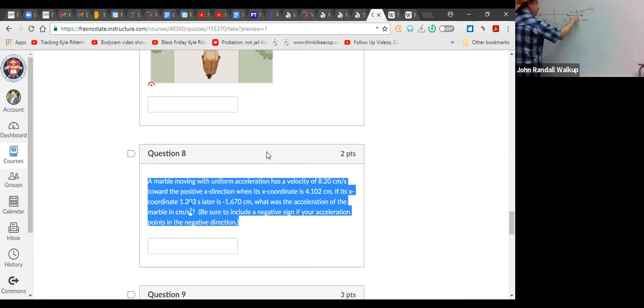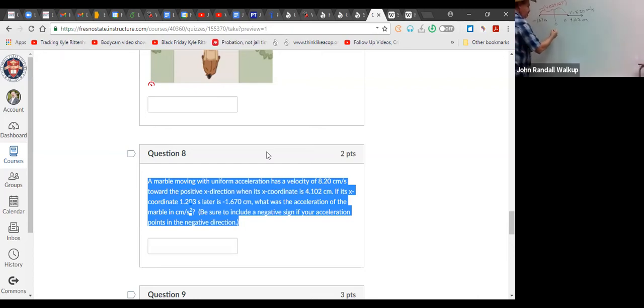It's going to be 4.102 plus 1.67. And notice it's negative because it points in the negative direction.